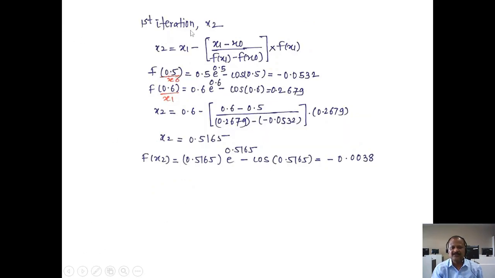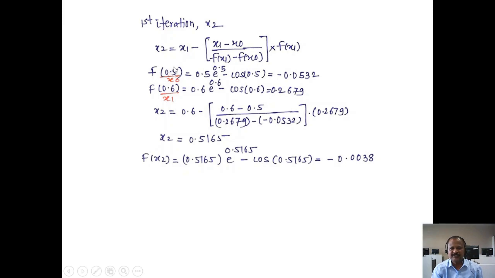In the first iteration we have to find x2. The formula is x2 is equal to x1 minus (x1 minus x0) divided by (f of x1 minus f of x0), into f of x1. Here x0 is 0.5 and x1 is 0.6. We have to find the values of f of x1 and f of x0.